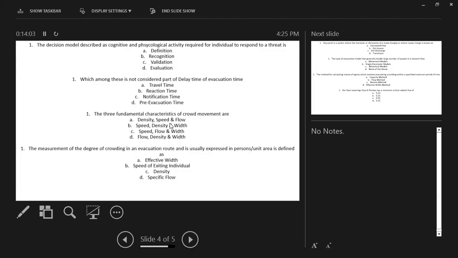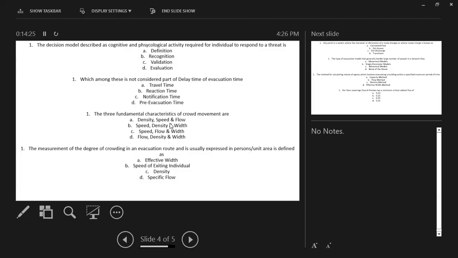Which is not considered a part of delay time? When you start the travel, it's not delay. We have discussed this, right? Once you start your travel, it's not a delay time.